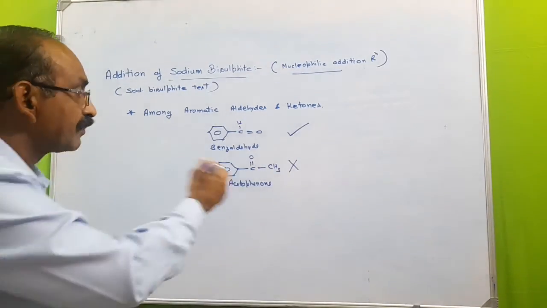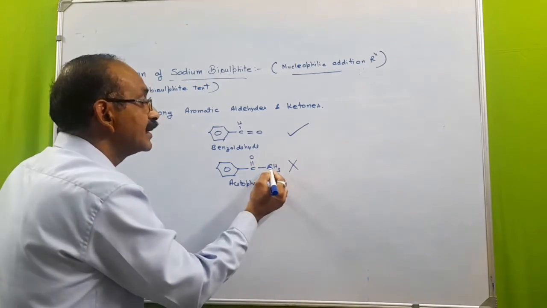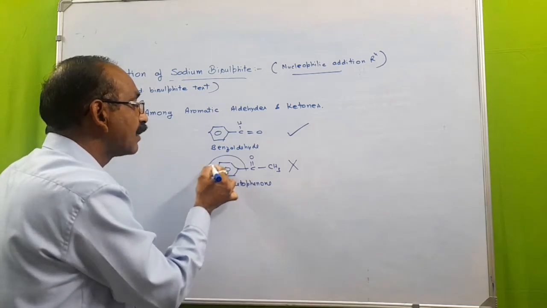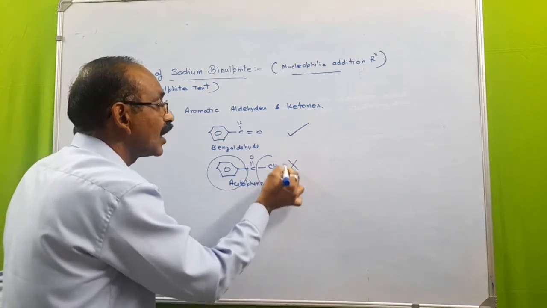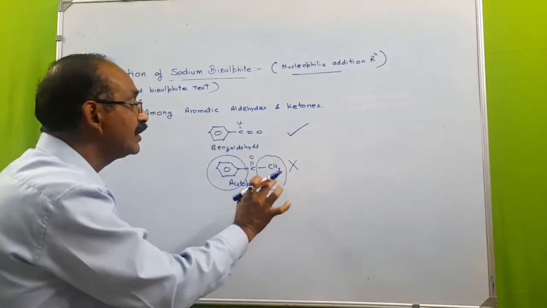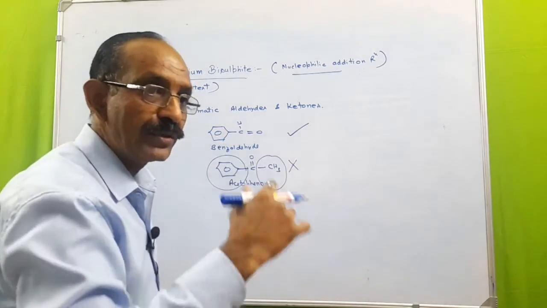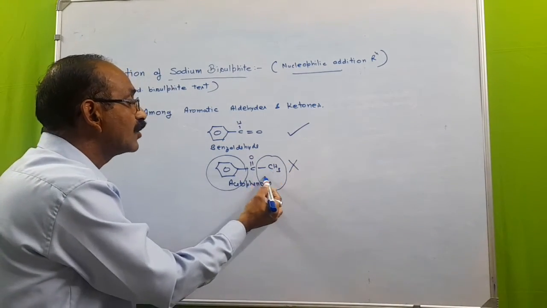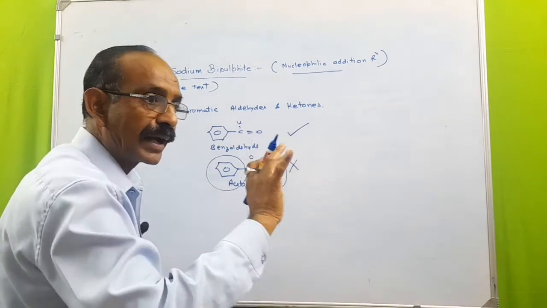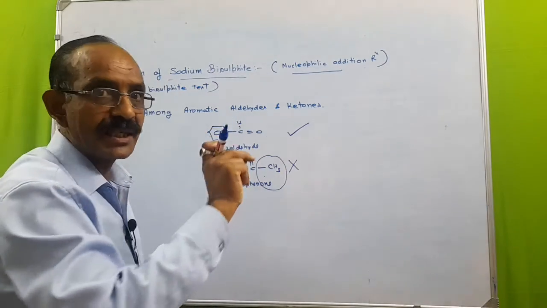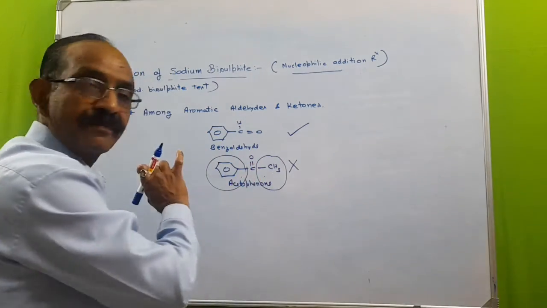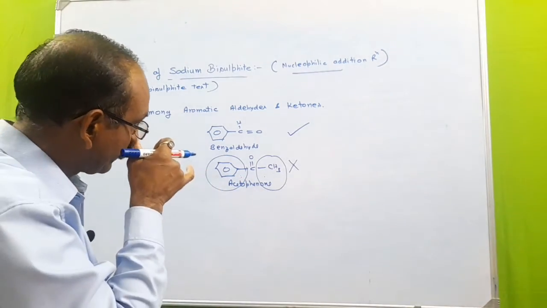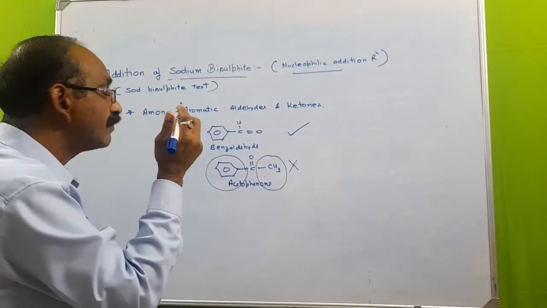Why? Here at the carbonyl carbon there is a CH3 and a phenyl group. The phenyl group is a bulky group. The CH3 is also a bulky group. And as we know, the carbonyl compounds undergo nucleophilic addition, means the nucleophile has to attack first. So already two bulky groups are here. They will hinder the attack of the nucleophile HSO3 minus, and that's why acetophenone does not give the sodium bisulfite test.